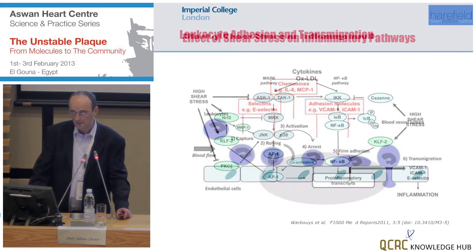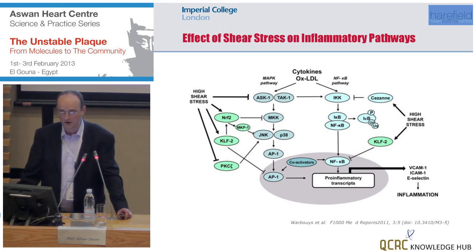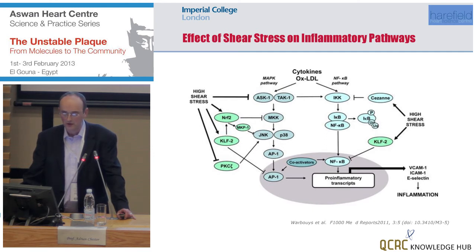And indeed, in terms of inflammatory pathways, and again, we heard in the previous talk about the NF-kappa B pathway, but also cytokines can stimulate other inflammatory signaling molecules, such as the MAP kinase pathway.